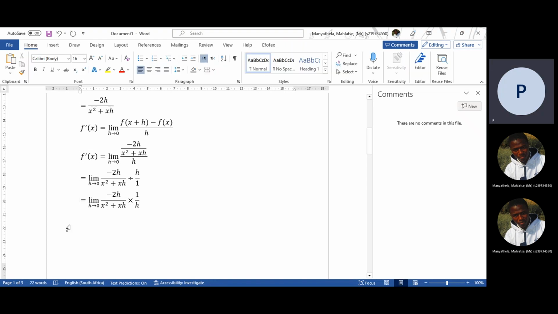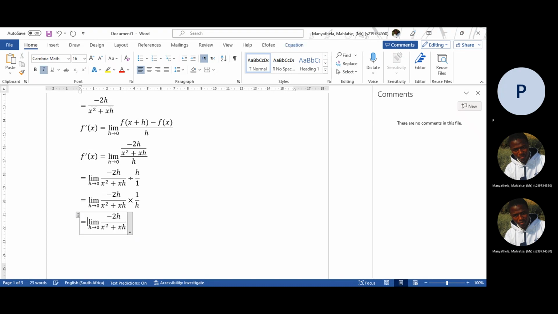So on the bottom we'll have h multiplying x squared plus xh.